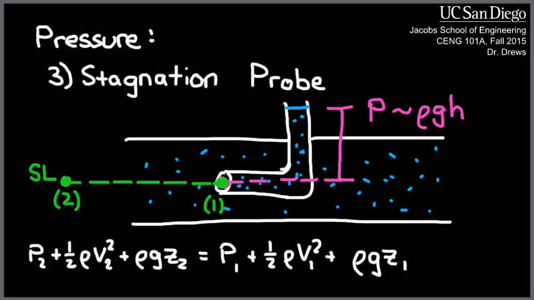So that's a Bernoulli equation from 2 to 1. Since I asked you guys to do it, I should probably be consistent. 2 to 1.